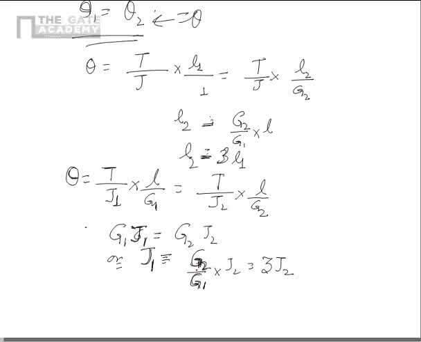Now what does it tell? It tells that if we have to have the same twist but change the radius, then J1, the polar moment of inertia, is more.